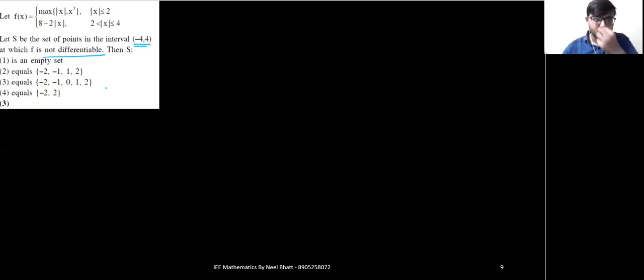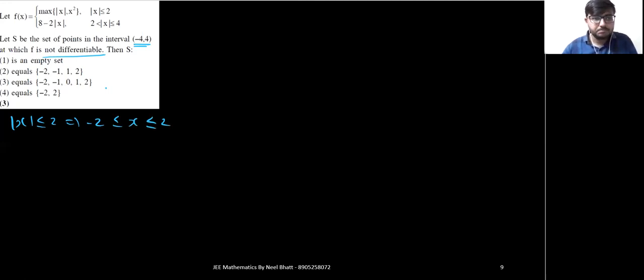First of all, let's check the meaning of mod x less than 2. So mod x less than or equal to 2 means -2 less than or equal to x less than or equal to 2.